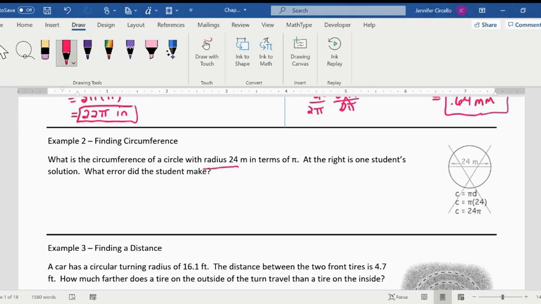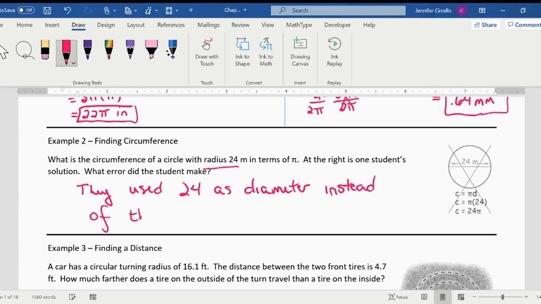And you can see they used the circumference formula that has diameter in it. So that's the problem. I'm going to say they used 24 as the diameter instead of the radius.